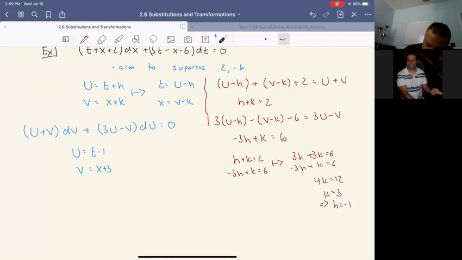I'm going to write this as dv over du equals (v minus 3u) over (u plus v). Now, when I do homogeneous, remember, I want to factor so that it's dependent over independent, over independent.